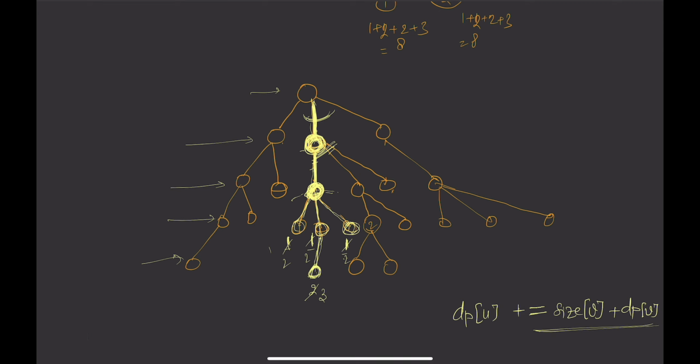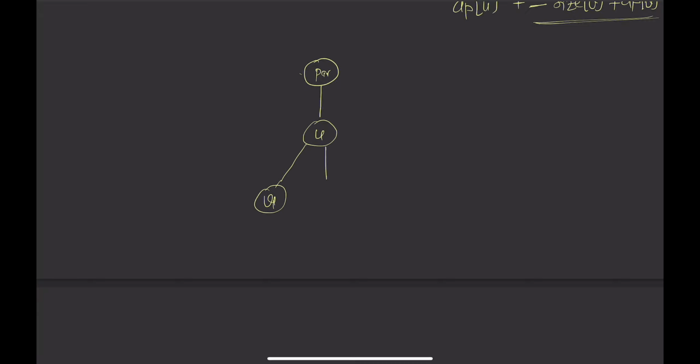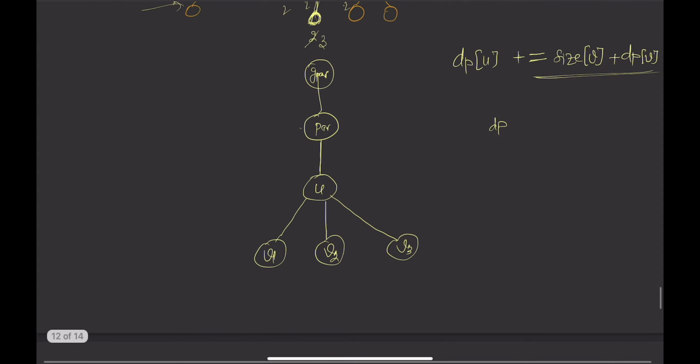If I already know the parent's value, let's do it here. You have this parent u, and it has multiple children, v1, v2, v3. There is a grandparent. We calculated dp of u, which was this value.